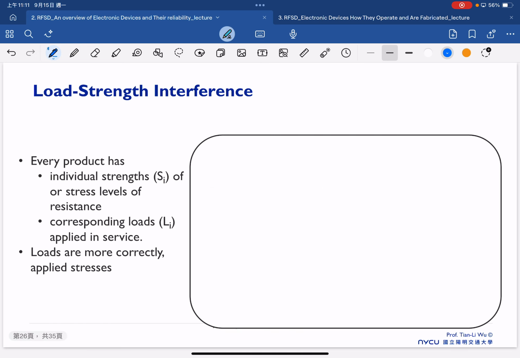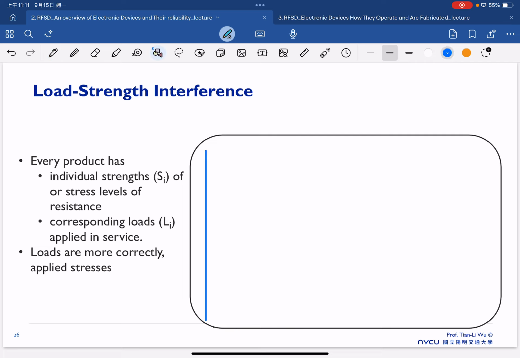And furthermore, we have to introduce some additional concept here, and this one is what we call the load and strength. We can consider that reliability happens between the strength and load. So first of all, we draw the schematic in this way.